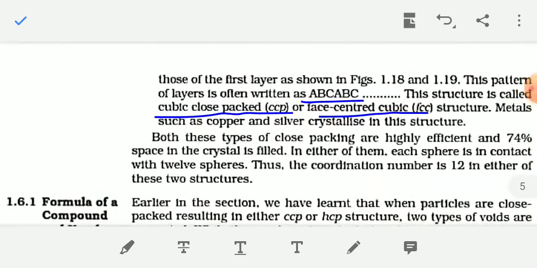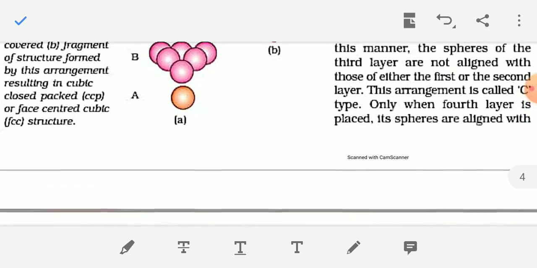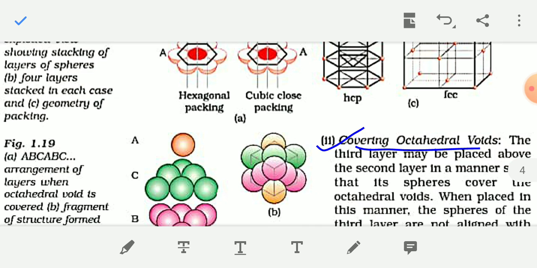Three-dimensional close packing can be obtained from two-dimensional close packing, and two-dimensional close packing is of two types: square close packing and hexagonal close packing. From two-dimensional square close packing you get three-dimensional cubic close packing.